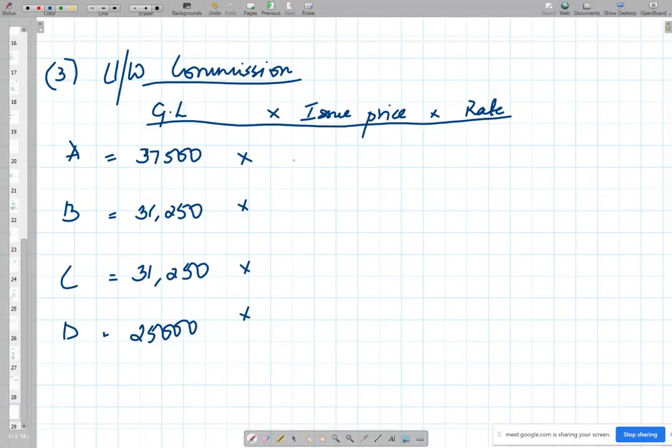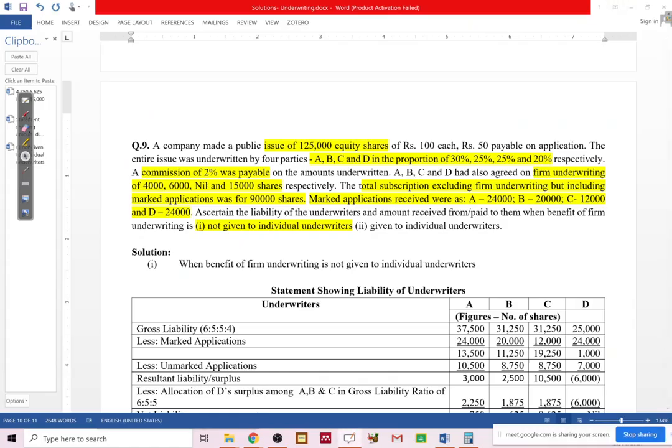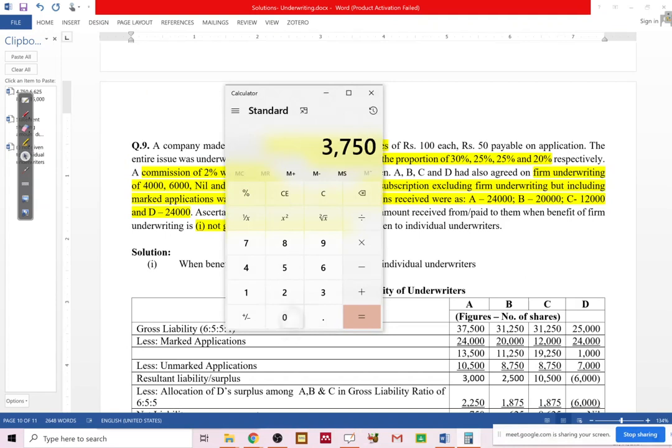So 37,500 into 100 into 2% gives us 75,000.